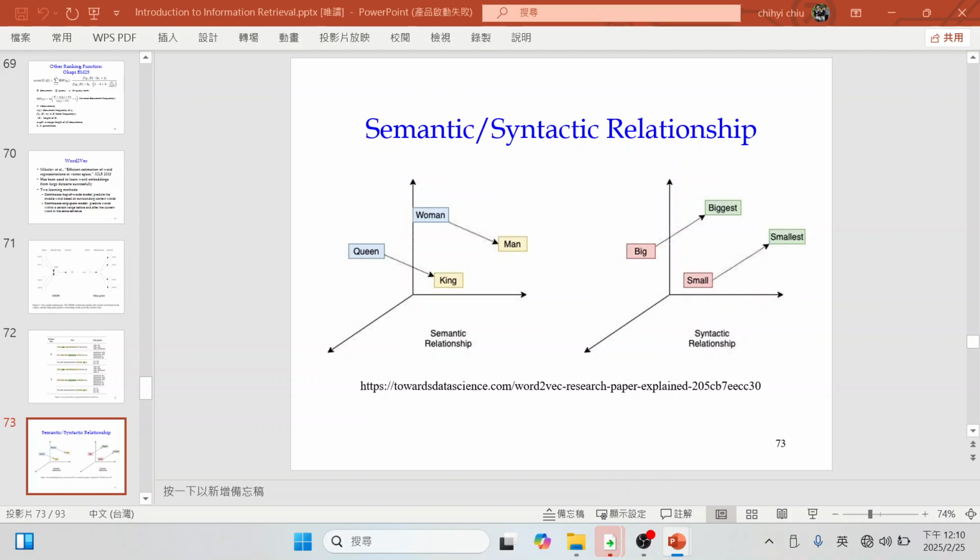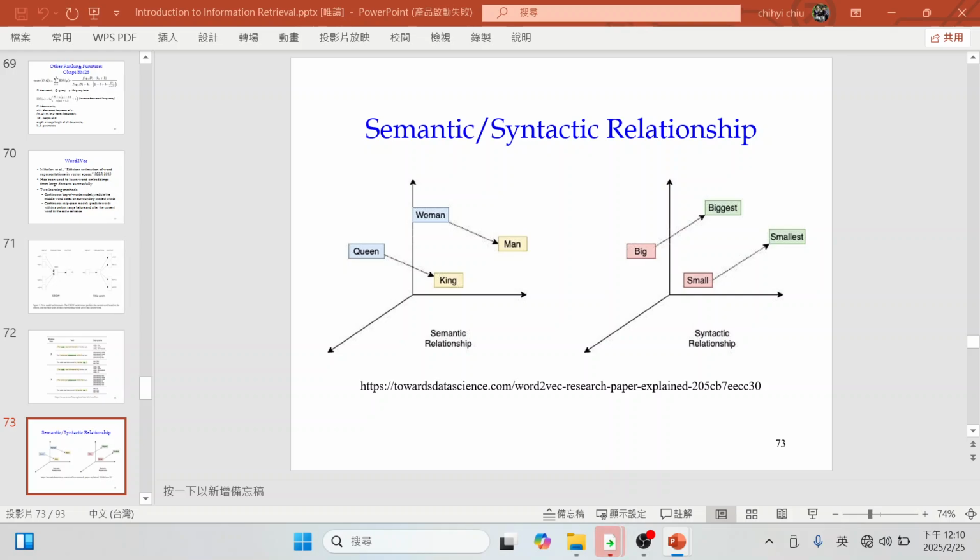One is the woman and the man, and the other pair is the queen and the king. Their relation can be modeled in the vector space by using the Euclidean distance. So the distance from the woman to man should be the same as the queen to the king. We call it the semantic relationship. It should be close.